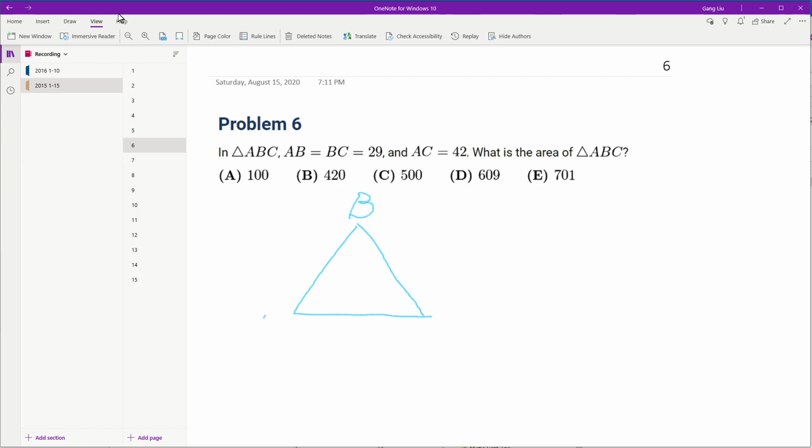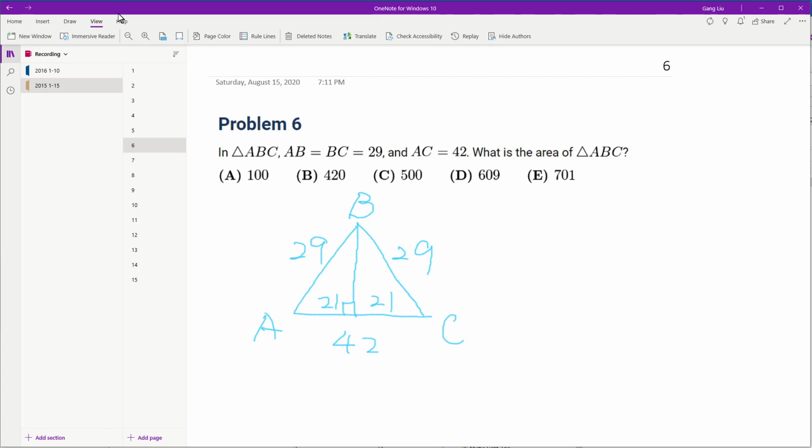AB and BC both equal 29 and AC equals 42. If we drop a height from B toward AC, that will bisect side AC into 21 and 21.